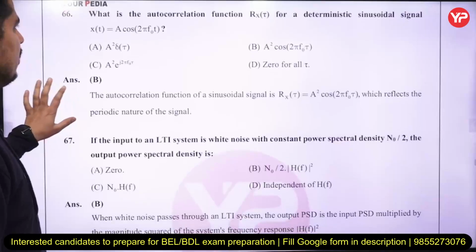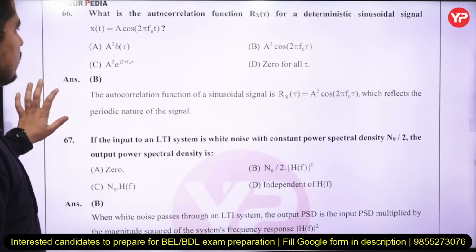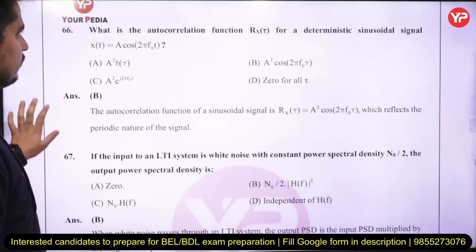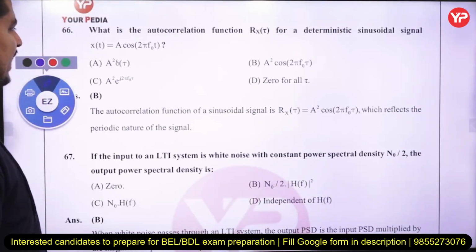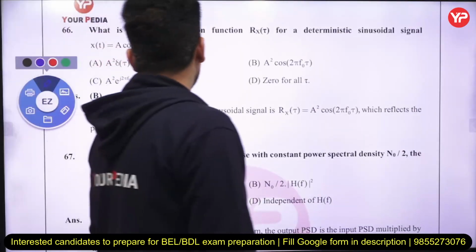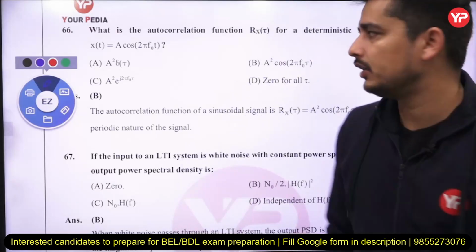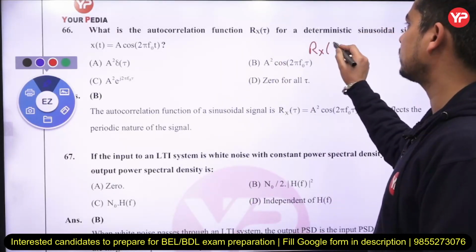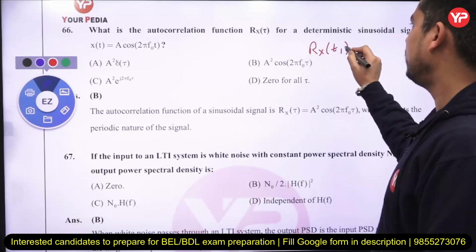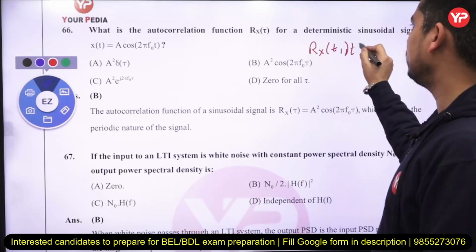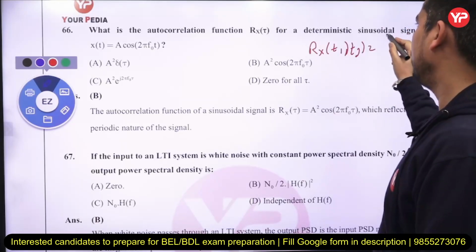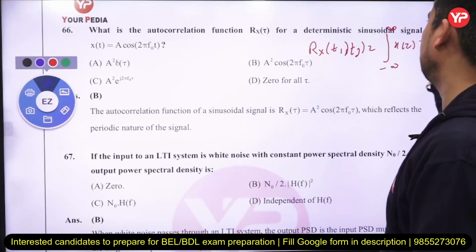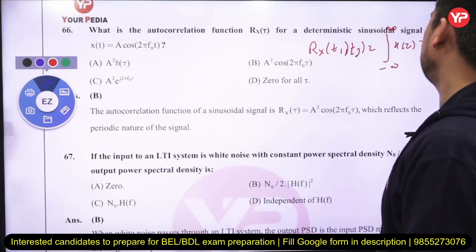This is the question: what is the autocorrelation function for the random signal x(t)? x(t) is A cos squared of 2 pi f naught t. Basically, whenever you are finding the autocorrelation function, Rx of t1, t2, that will be the integration from minus infinity to infinity of x of tau plus t d tau.